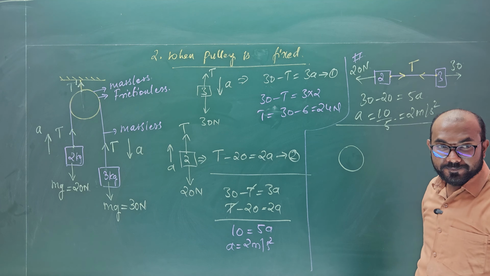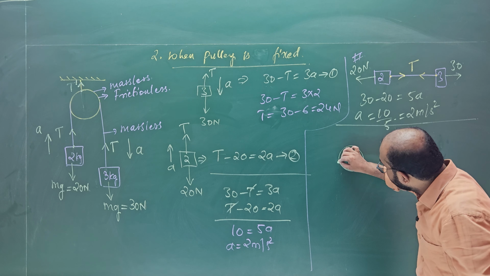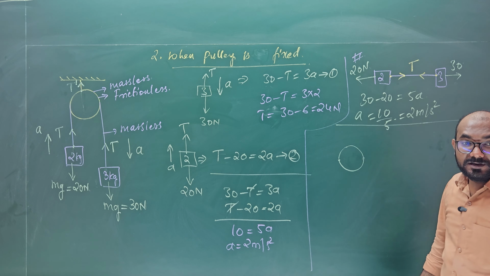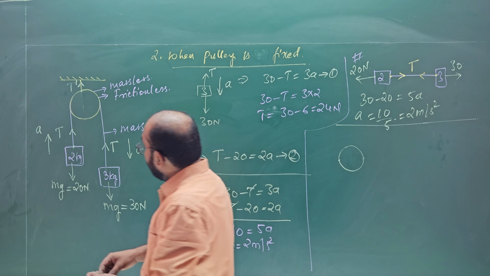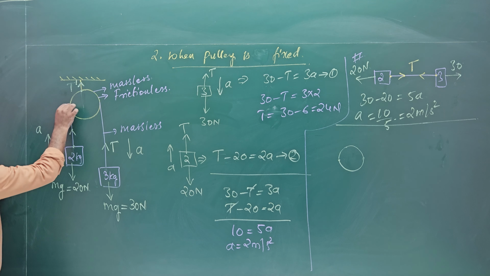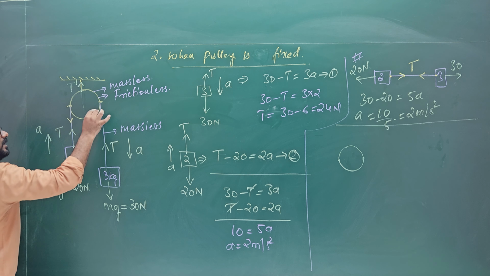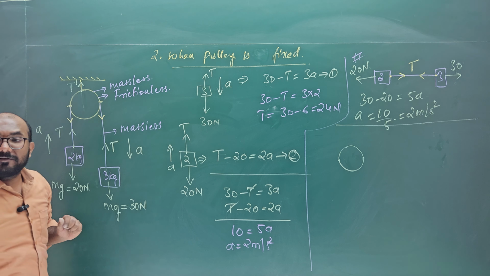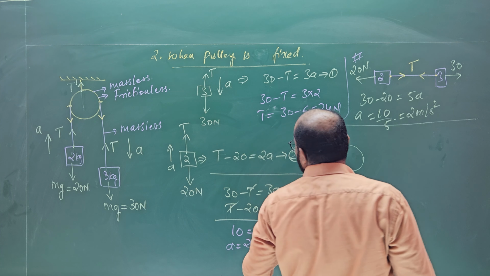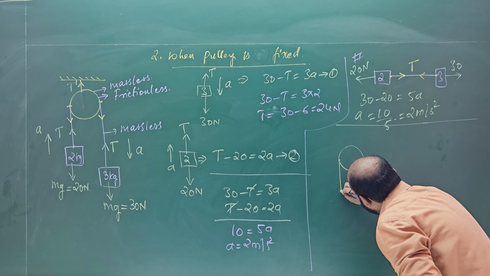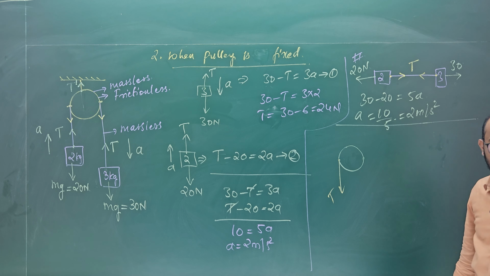Here is your pulley. At this point and at this point, where is the direction of tension? In the downward direction, na? At this point and at this point, what will be the direction of tension? In the downward direction. Why? Because tension always acts away from the point of contact. So over here, T is acting. Yes or no?